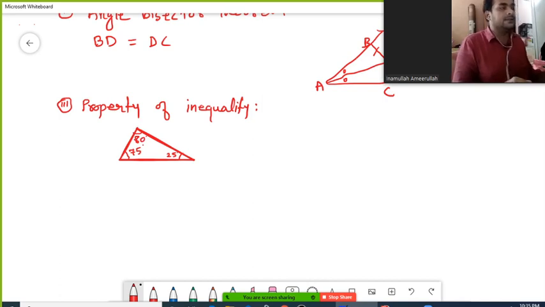So these are three measures of the given triangle: 25, 75 and 80 degrees.